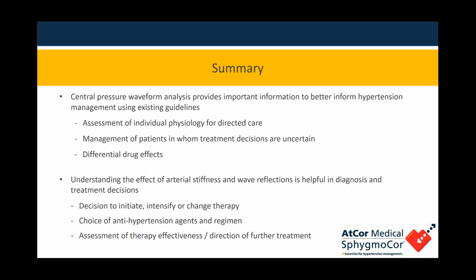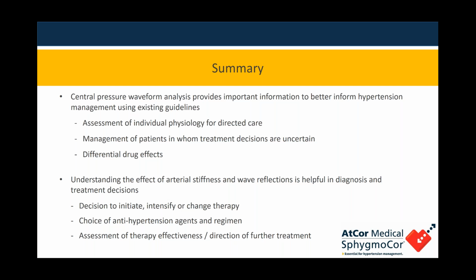Management of patients in whom treatment decisions are uncertain helps much more effectively, in my opinion, and I think is based in the study results by central blood pressure analysis. And measuring differential drug effects and titrating therapy individually is much more easily attained by using central pressure waveform analysis.